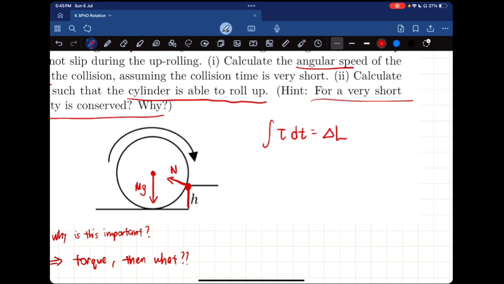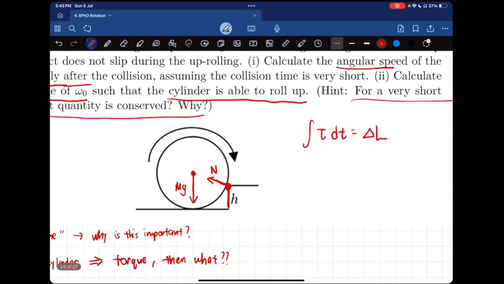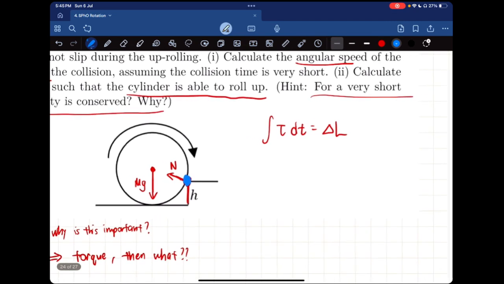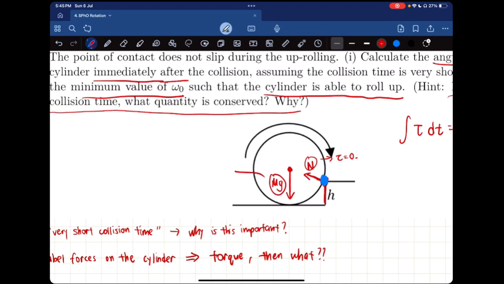Now, the key point to note is that if you take torques about this point here, I'll just draw in blue, this point, the only torque that's present is your mg, right? Because your N, the torque is zero about this point. So mg is present. But you have to remember that your mg is a finite force. It will never change. It will always be mg.